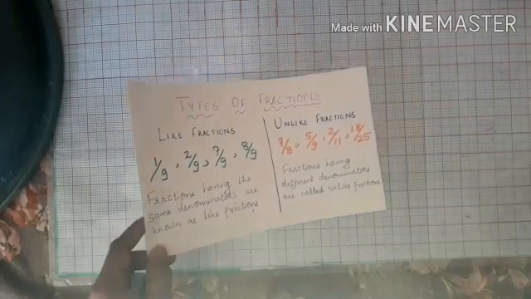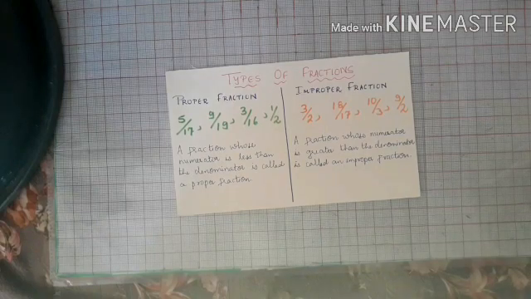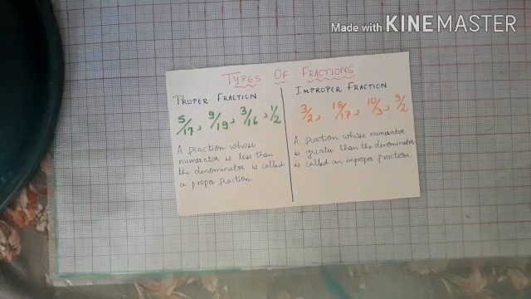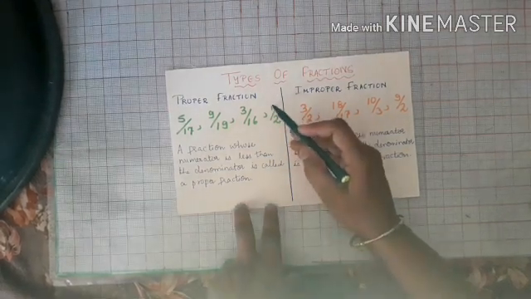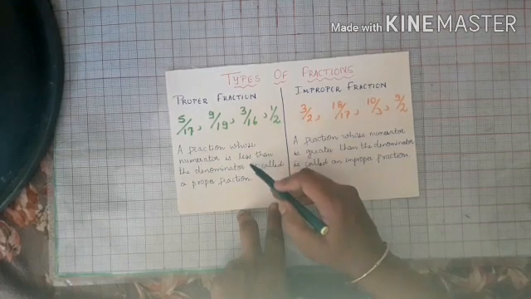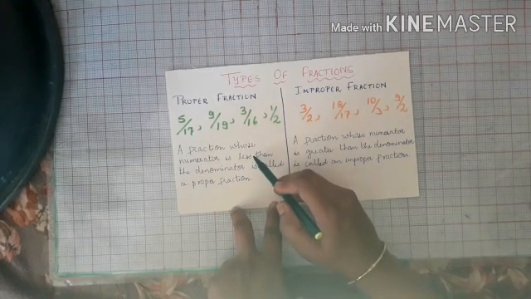The next example, we will take proper fractions and improper fractions. Now what is a proper fraction? If the numerator is smaller than the denominator, it is known as a proper fraction. Once again, just listen here.